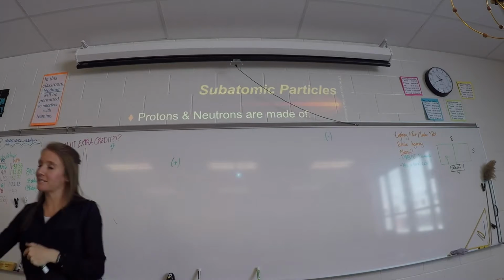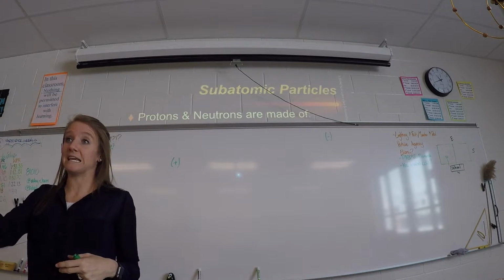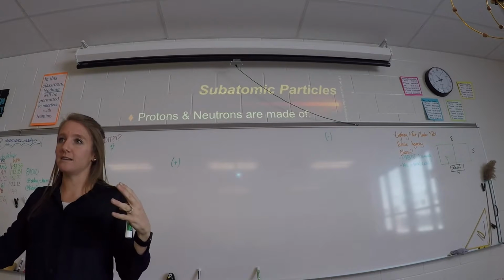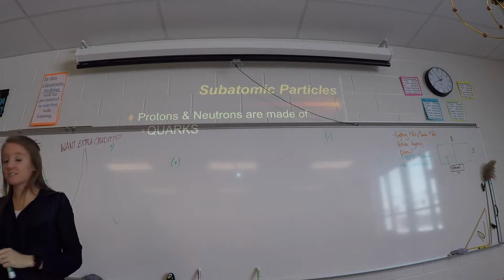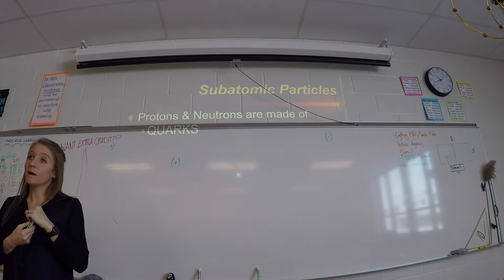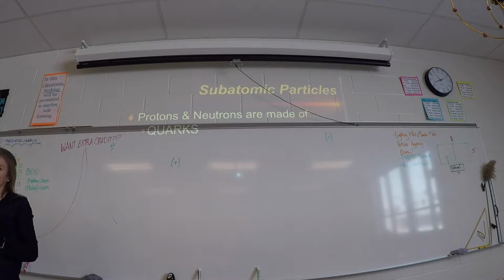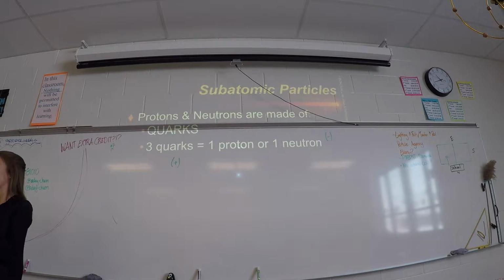Protons and neutrons are actually made up of something. They used to think that those were the smallest you could get, that you can't split a proton. Well, you can, and they're made of things called quarks. Quark is what they decided to call them. So 3 quarks make up a proton or a neutron.